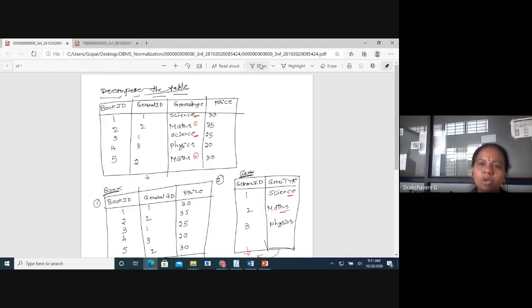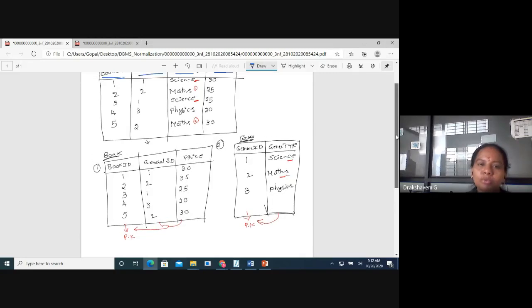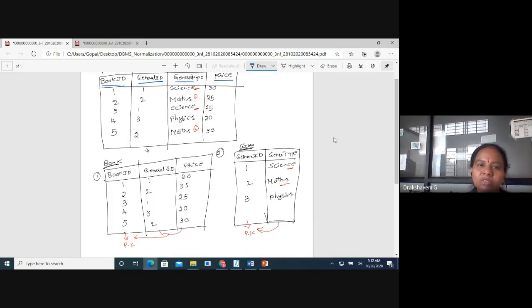So we have to decompose the table. What are the values we have taken in book ID, genre ID, genre type, price? This table should be decomposed. We decompose it into book ID, genre ID, and price.